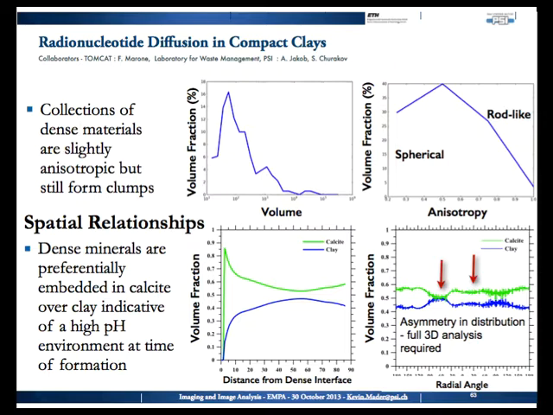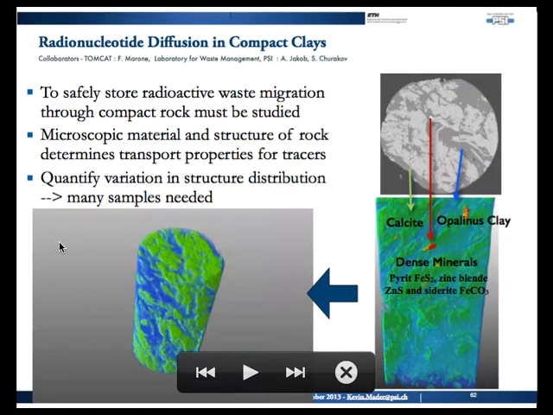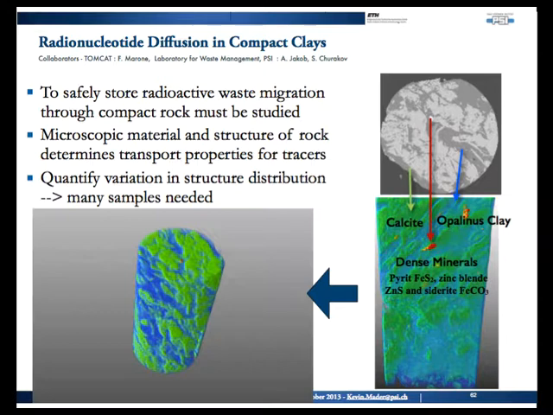And then you can look at these two curves and see that there's actually not isotropy, so it's not the same at every radial angle, that there's actually a point here where the probabilities match up. And that corresponds to the fact that there's layers present in the structure, and that angle gives you the orientation of these layers.